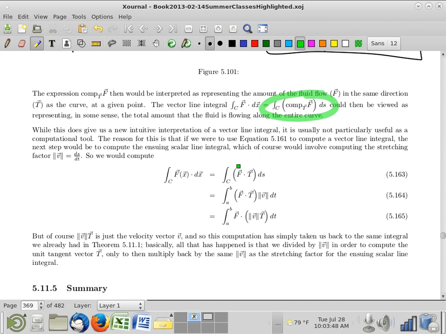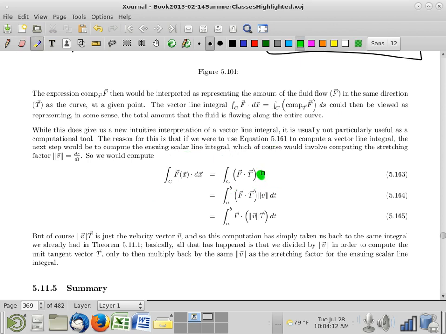So now let's talk about other potential merits of this little alternative point of view on vector line integrals. Will this help us compute vector line integrals? And I'm going to say usually not. So specifically, if I were to take a vector line integral and say, hey, let's compute that by using this formula, how would I compute that?